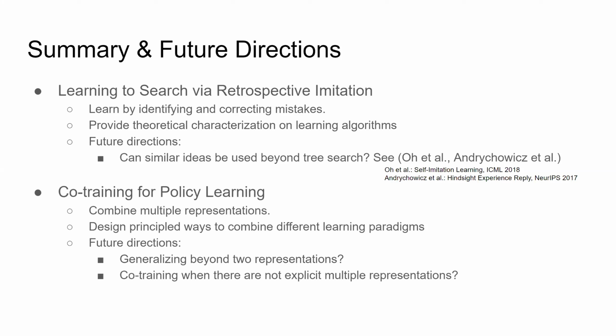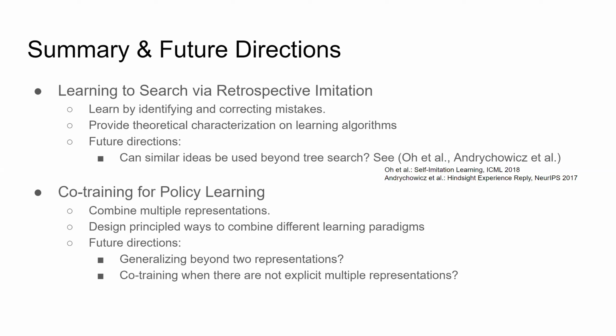And another thing I want to point out is co-training when the representations are not actually explicit. That's the other direction, beyond 2 representations. So what if there's only really one representation and there's no obvious second representation? Here I think we can turn to what the theory and the algorithm really say.